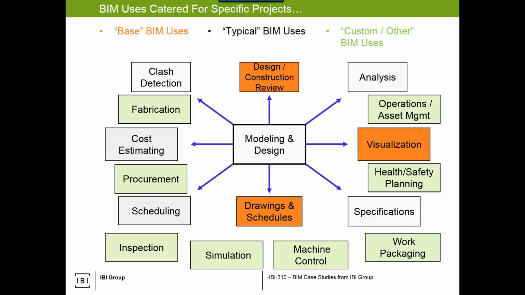We talked previously about BIM uses. So every project you would define a BIM goal, whether it's these typical ones, the orange. We're going to make our drawings and schedules more efficiently. We're going to be able to review and understand and make decisions on our designs, and then form a basis for subsequent visualization, be it simple visualization or advanced specialized visualization.